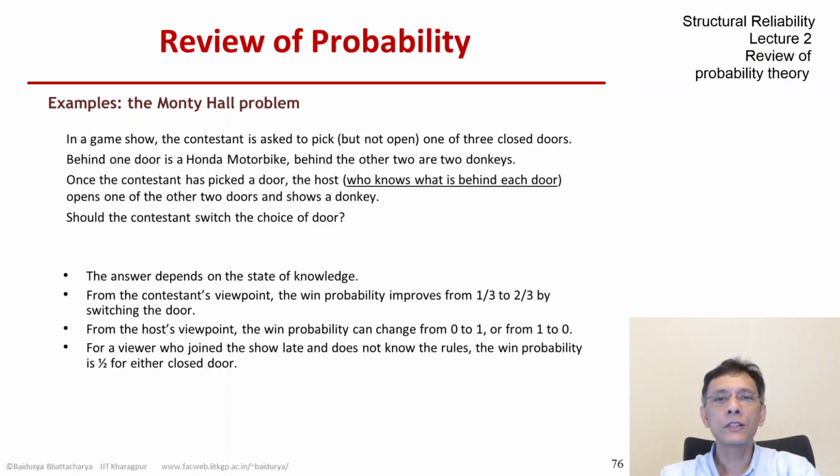For another person, a viewer who joined the show late and doesn't know the rules, the probability does not change. From the information that this late viewer has, the probability was half and will remain half by changing the door. So the answer would depend on the state of knowledge.